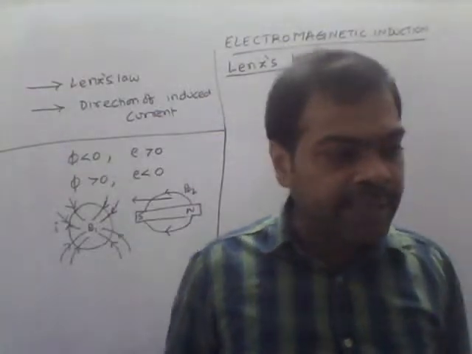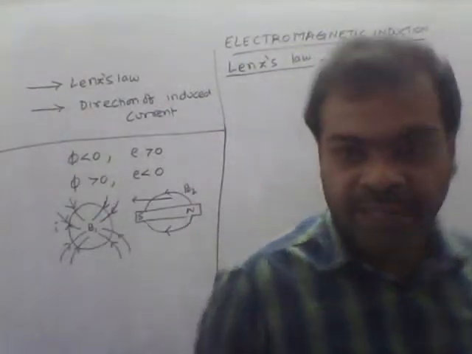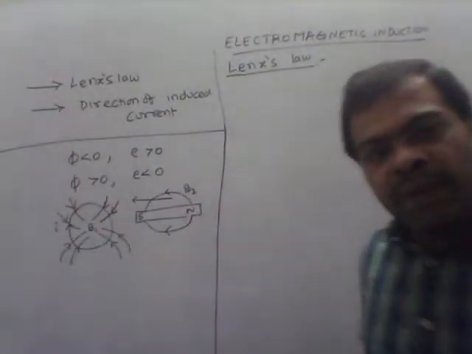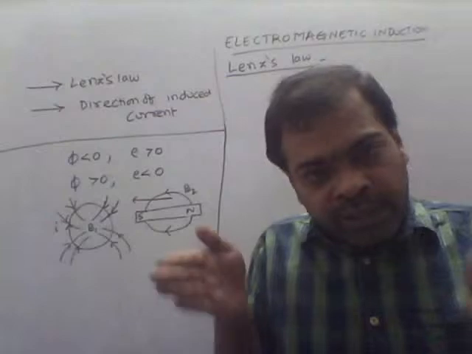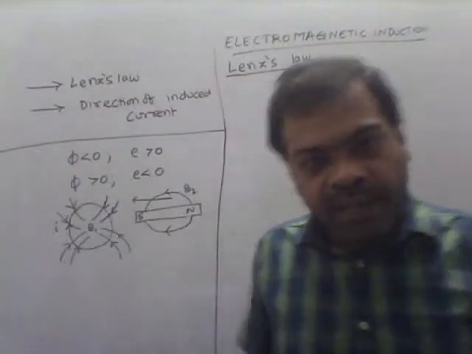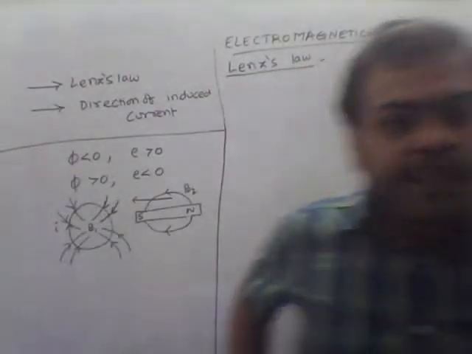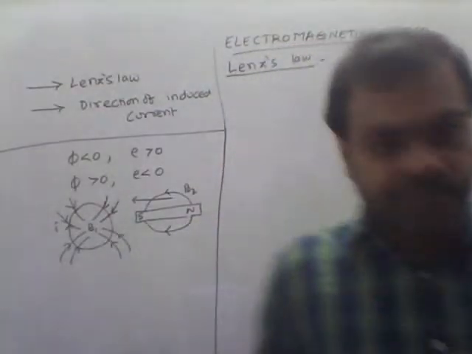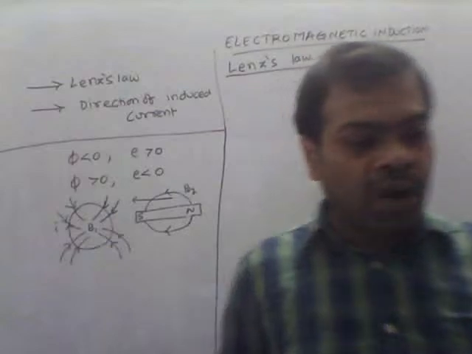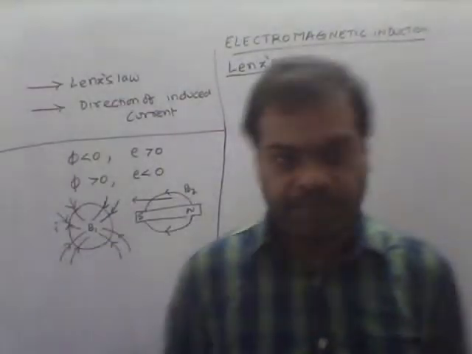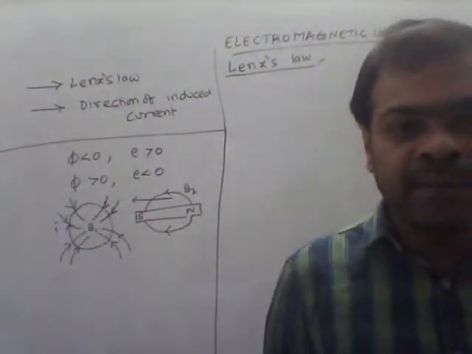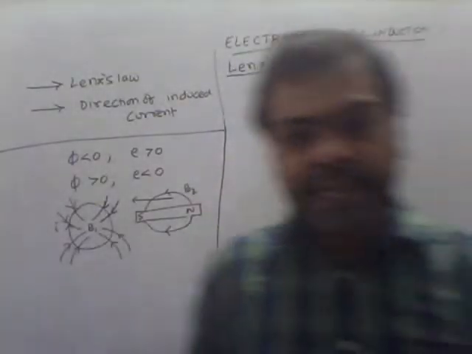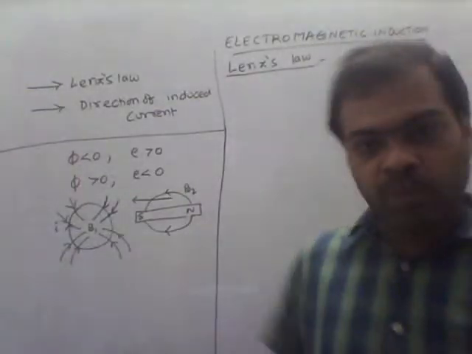Since both are conductors, both can produce a magnetic field. Whenever one conductor is approaching another conductor, suppose the conductor repels the other conductor. Due to the repulsion, the second conductor will move away.